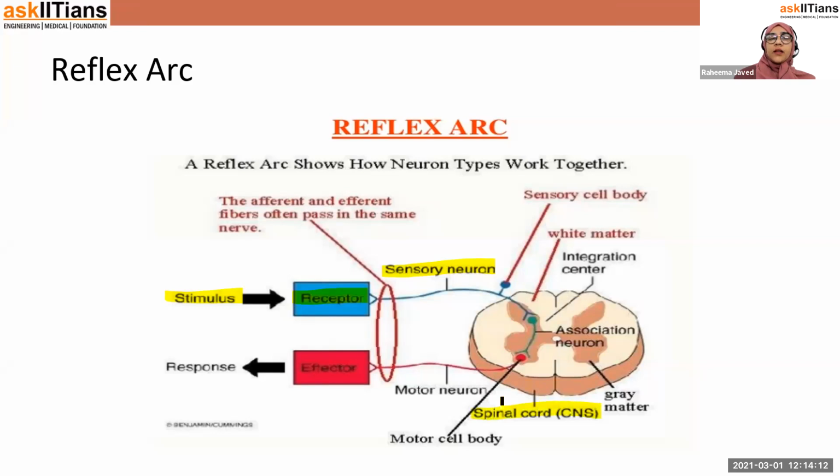Then the motor response is taken back from the spinal cord via motor neuron to the effector organ, and the effector organ gives a particular response. The afferent fiber is the sensory neuron, and the efferent one is the motor neuron.